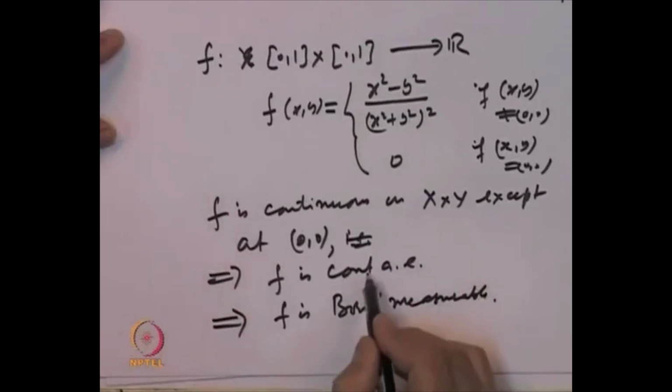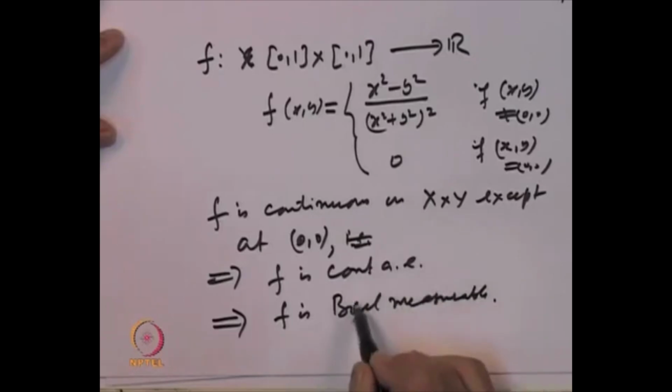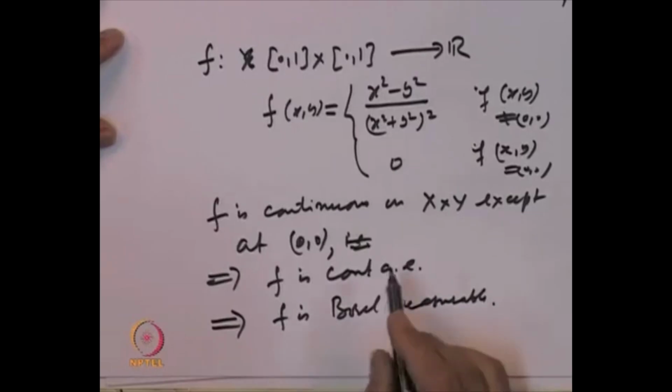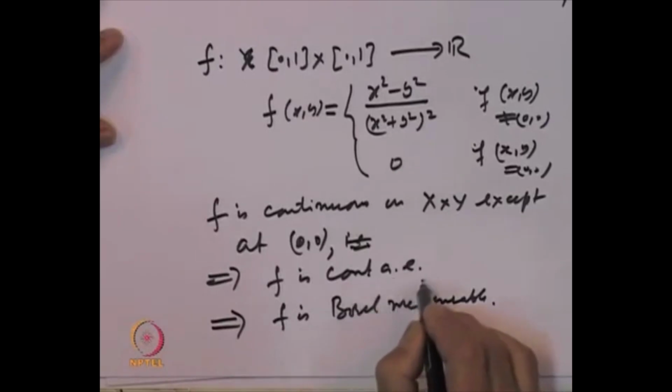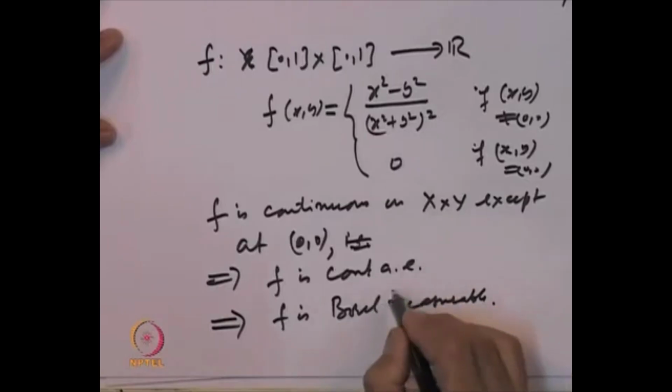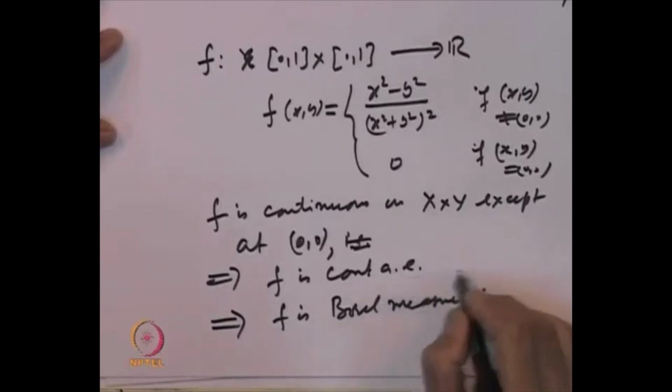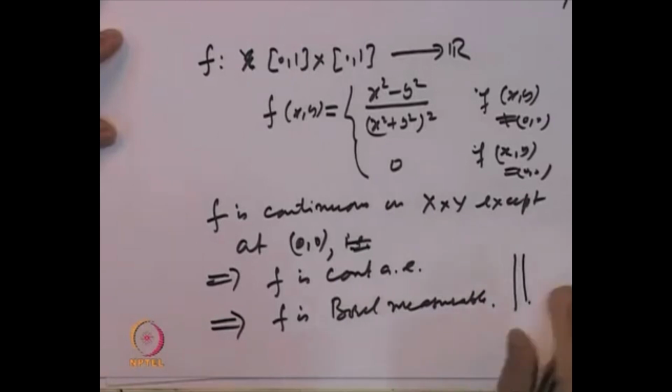Okay. Because continuous means inverse images of open sets are open, and hence they will be Borel sets. And to show that the inverse image of every Borel set is Borel, you apply the sigma algebra technique. So, this we have shown: every function that is continuous almost everywhere is Borel measurable.